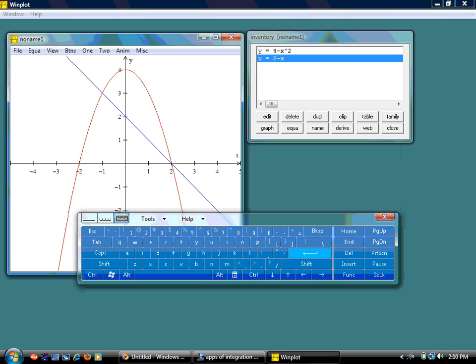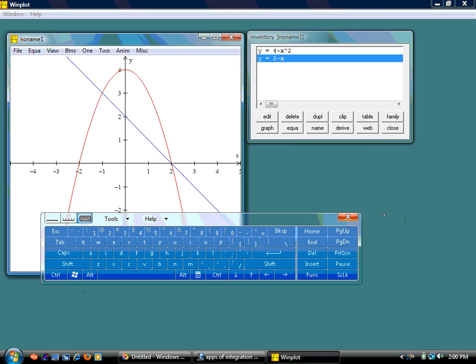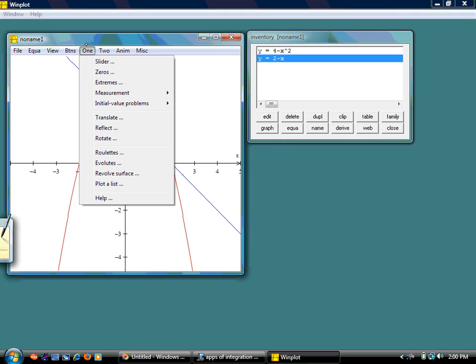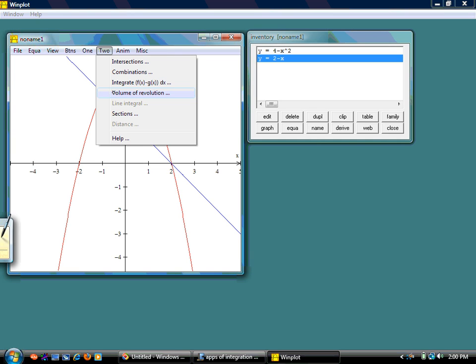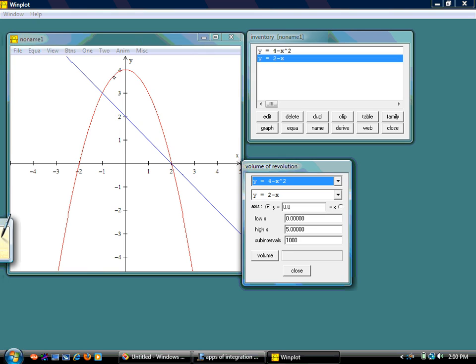Now you can get the calculator under equation view buttons, volume. So you got your two functions, y equals 4 minus x squared. What axis are we rotating around?